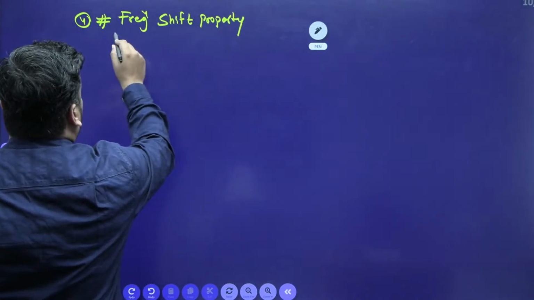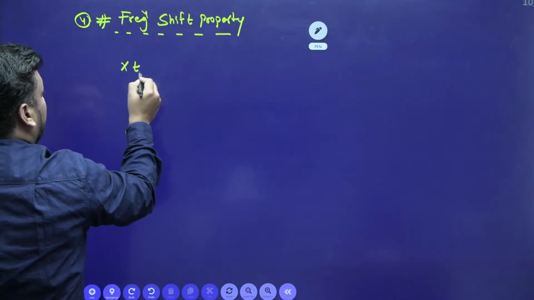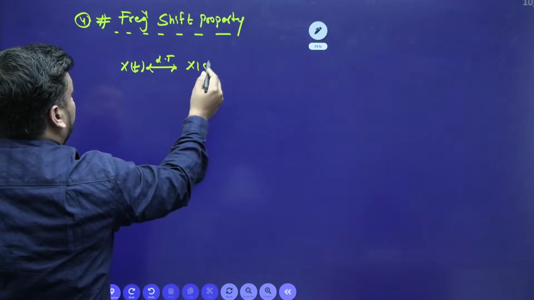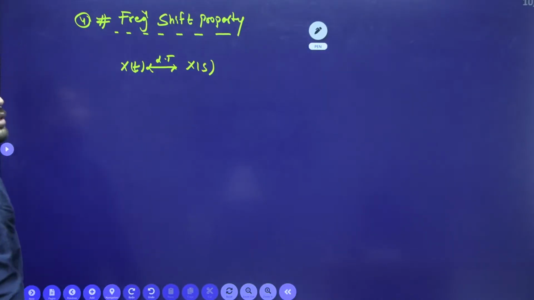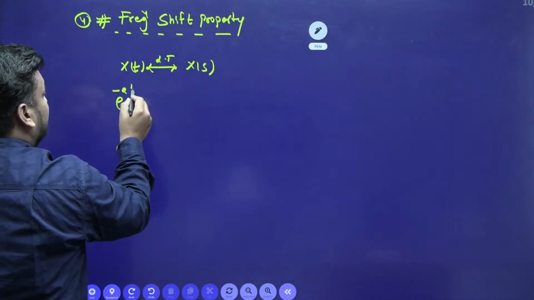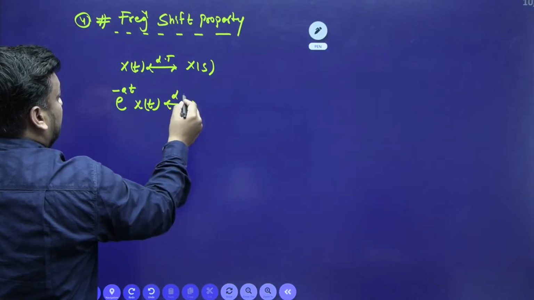If I talk about the frequency shifting property, how can you write? If x of t has a Laplace transform of x of s, and if I talk about frequency shifting property, I can write e to the power minus at into x of t. So can you please tell me what is the Laplace transform?